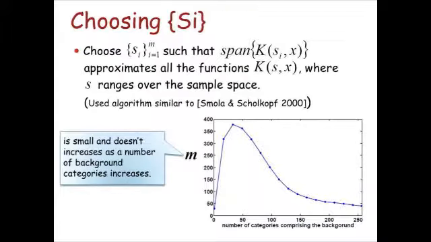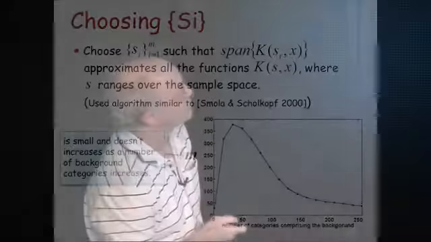And here there's something which is sort of interesting. If you look at the number of SIs that you need to approximate the entire space of functions, you would expect, if you would think about it 2 seconds, then probably many of us will assume that the number would increase with the number of categories.